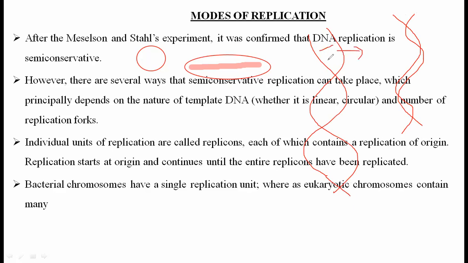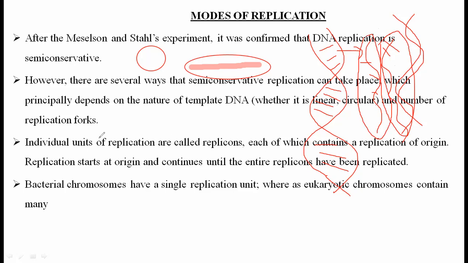This is tightly coiled. The bases of one strand are attached to the other strand. Before replication, this is tightly coiled. It has to unwind, right? And these unwound single strands are called the template. This serves as a template. With the help of this, we will synthesize a new DNA strand. This is called the template.